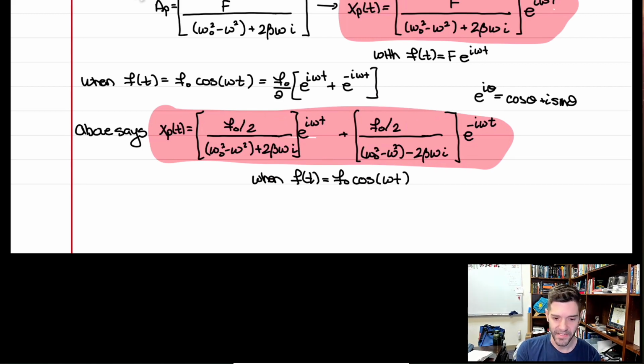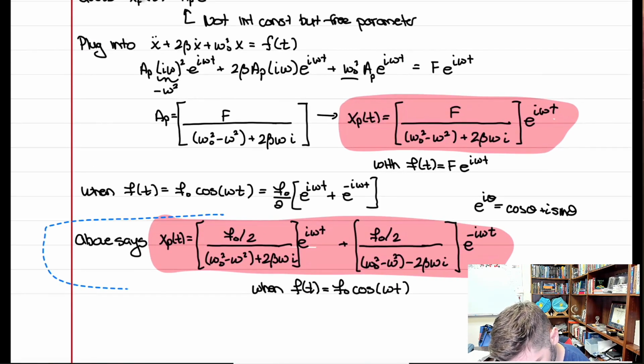There's e to the i omega t, e to the negative i omega t, and there's also these i's in the denominators of the coefficients in front too. But again, we expect that the solution should be real. So I should be able to simplify this in some way such that the answer ultimately is a real function, such that all the i's should go away.